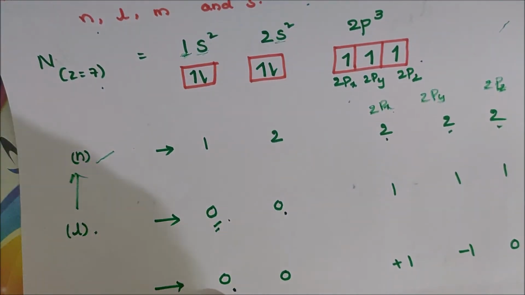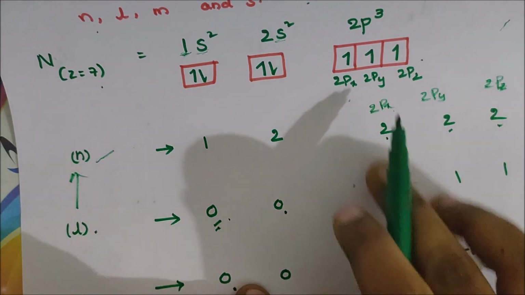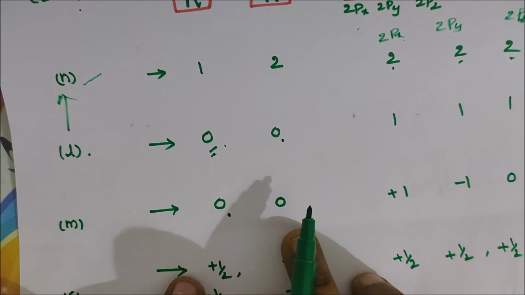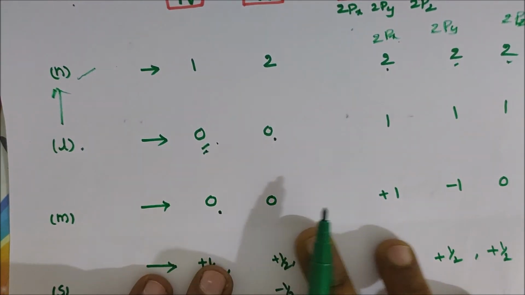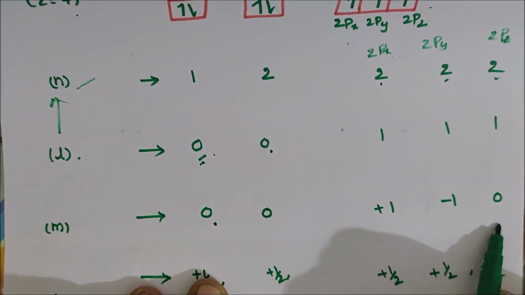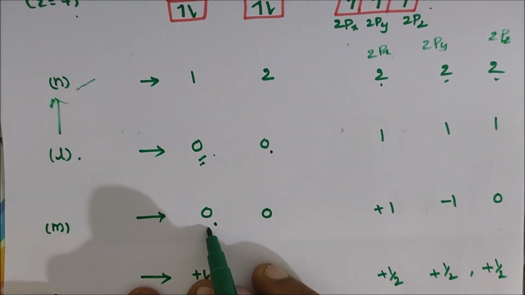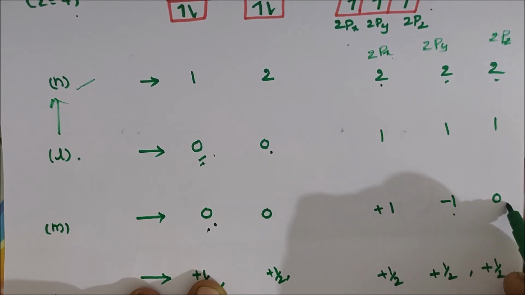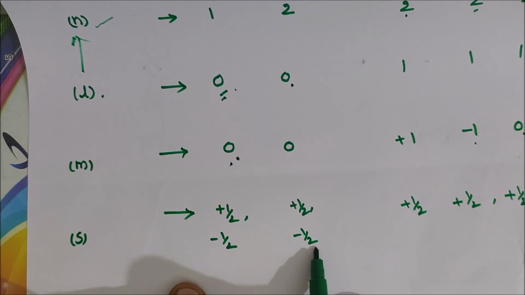So the L value is 0, and M is 0. It has 1 electron each, and the magnetic quantum number M takes values plus 1, minus 1, including 0. The spin quantum number is plus half, minus half.